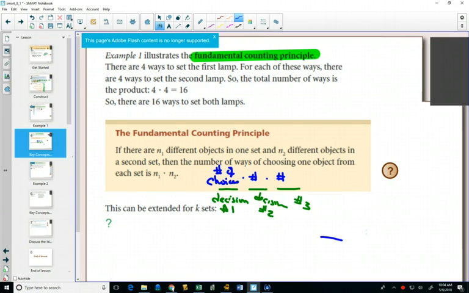What pair of shoes I'm going to wear, what pair of pants, and what shirt. Right. So how many different outfits do I have?